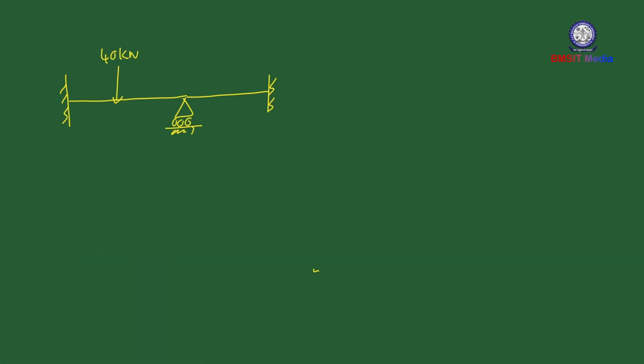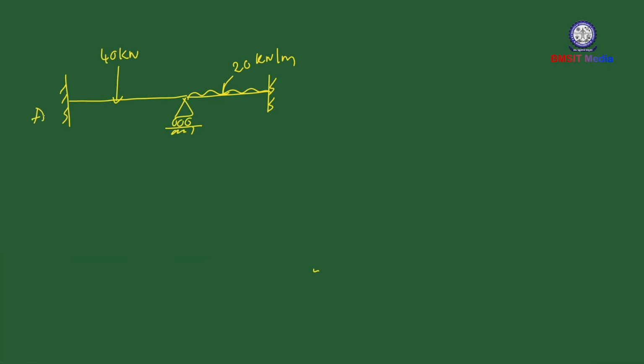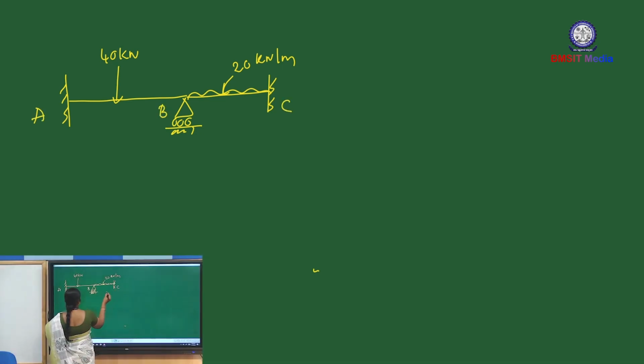A point load of 40 kilonewton is acting at the mid of span AB. Then here there is a 20 kilonewton per meter UDL. This is point A, here this is point B, this is point C.